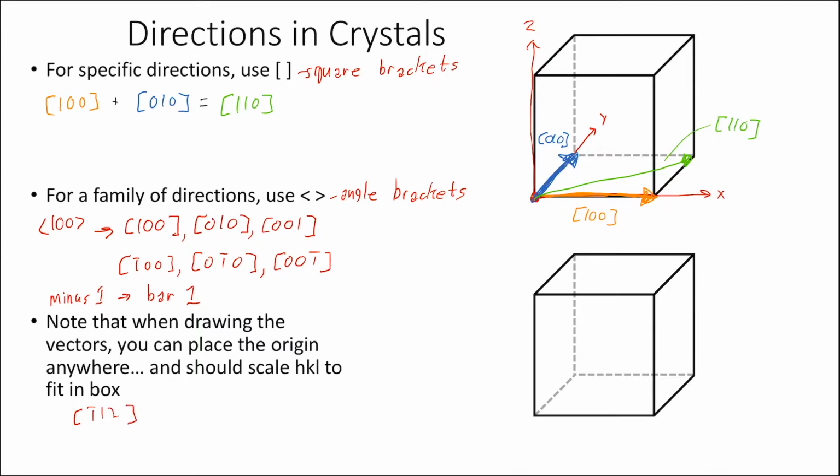For this example, I'm going to place the origin here, and that's going to be my x direction, y direction, and z direction. Now, you can choose to place the origin anywhere you like, but the one caveat is that you really need to make sure to follow the right-hand rule.